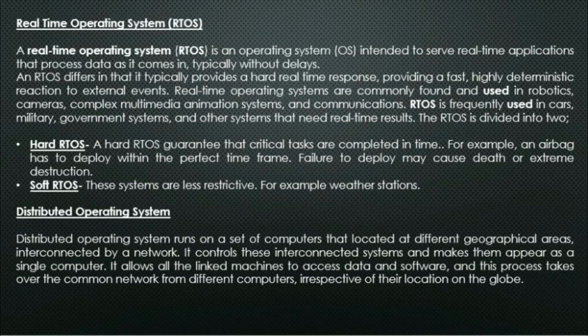That is known as RTOS. The RTOS is divided into 2 types, hard RTOS and soft RTOS. In hard RTOS, the time bound is very compulsory, which means if a process arrives for execution, it should be completed within the exact time period.